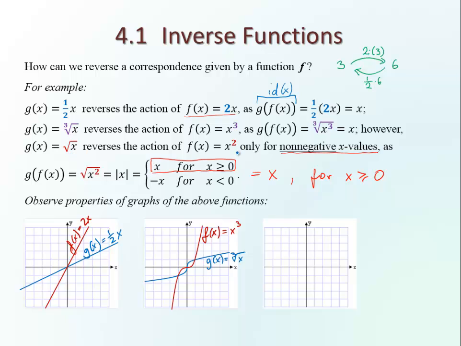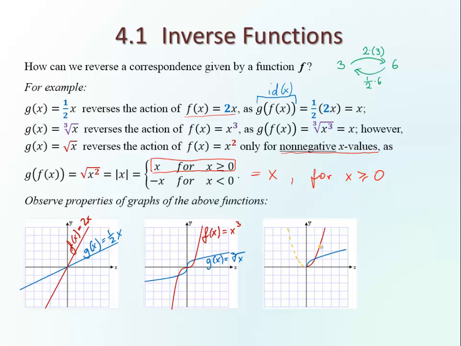Let's see the third example, the x squared and the square root. Since we are taking x squared only for non-negative values, we're going to graph only half of this parabola. This one is x squared, half of it. The other half would go approximately like this.